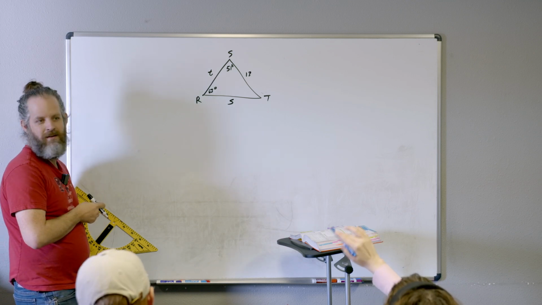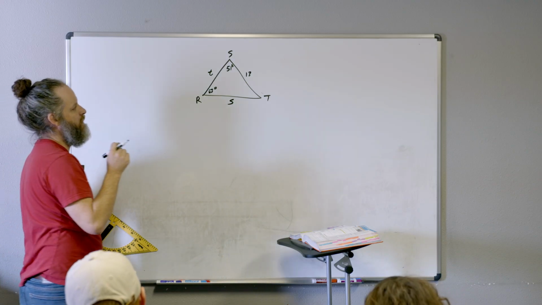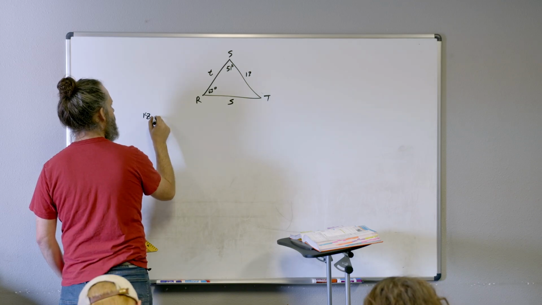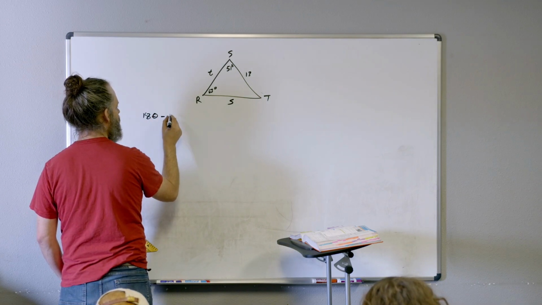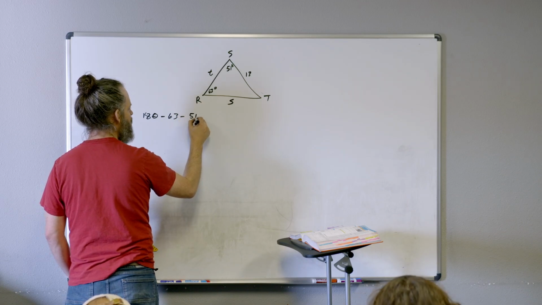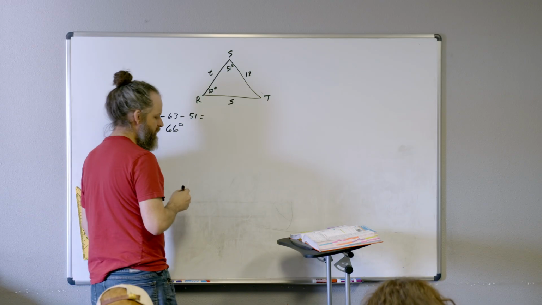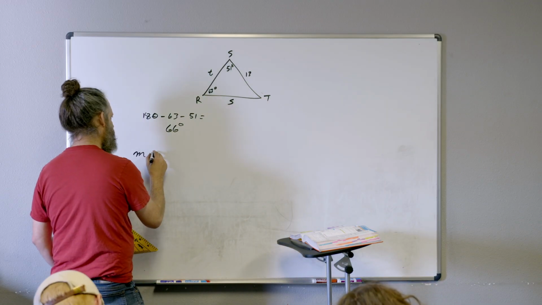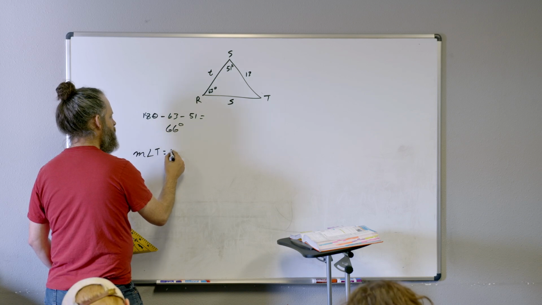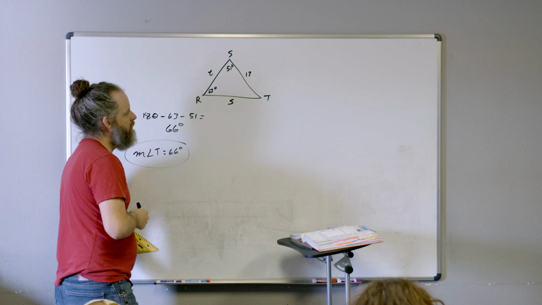Add both of those other two and then subtract them from 180. Yeah, that's 180 degrees in a triangle, right? Sum of interior angles. So 180 minus 63 minus 51 equals 66 degrees. So the measure of angle T equals 66 degrees. So that's the first bit of our solvage.